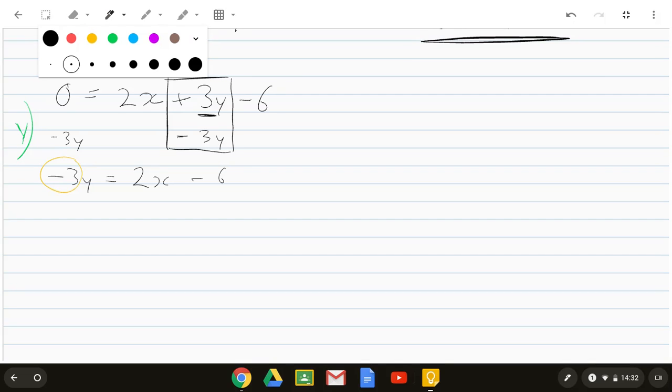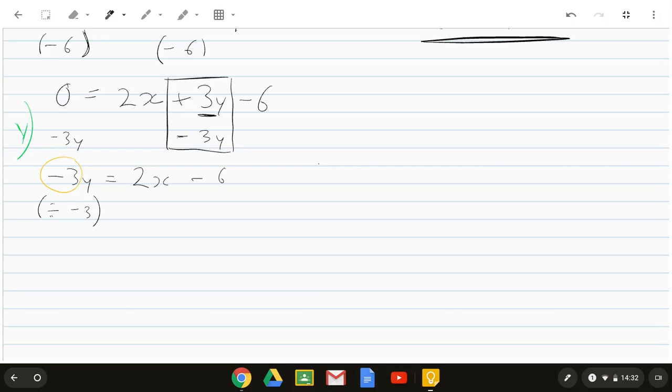So what I want to do to get rid of the times 3y, that's times minus 3, is divide both sides by minus 3. And so this will get rid of the minus and the 3 all in one go. Divide by minus 3. So if I divide the left by minus 3, that leaves me with just the y, which is what I want as the subject of my formula.